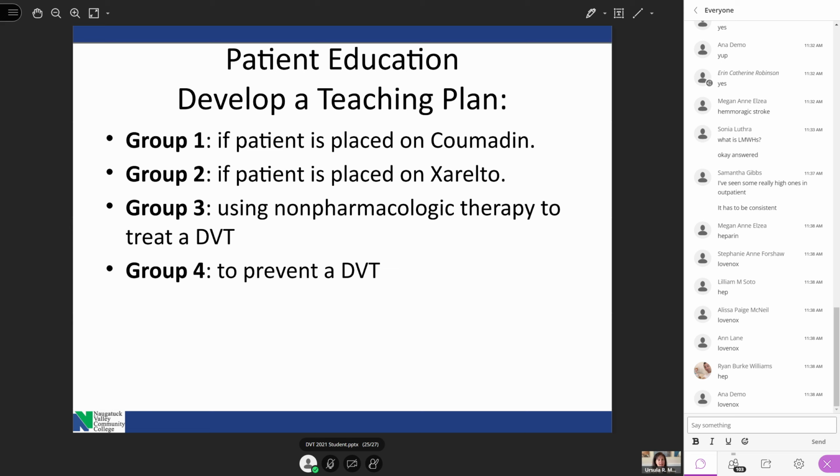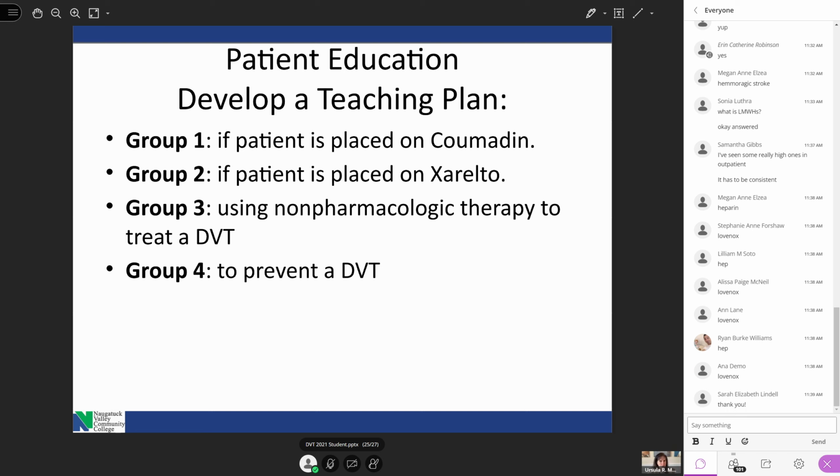What are we going to do for them? And how to prevent a DVT. So I want you to answer those 4 questions. Come up with a little bit of patient education because it's huge for these patients, especially when they've been newly diagnosed. They need to know, what can I eat? Is it going to affect it? Is it not? Okay? See everyone tomorrow, 9:30. Thank you.